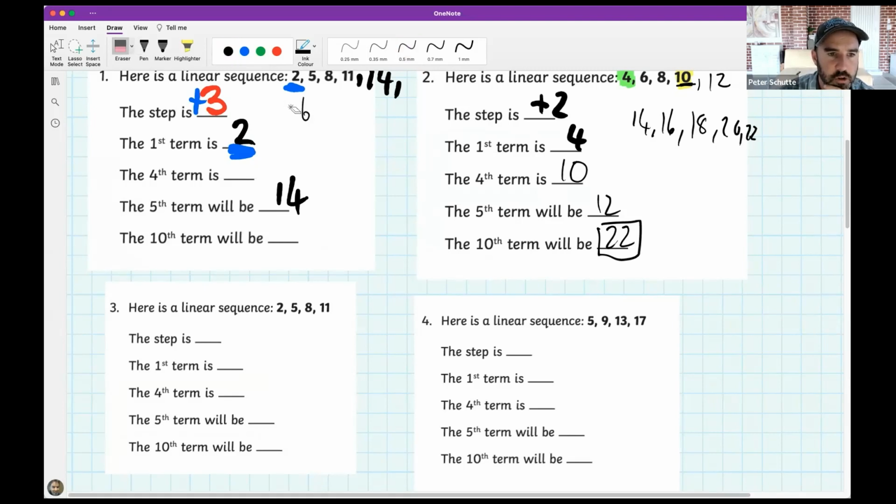So it's not going to be 2. Sorry, that got rubbed out. So if you look at where we're going up in 3s, it would be 17, 20, 23, 26, 29. And so the 2 was just the first part there.